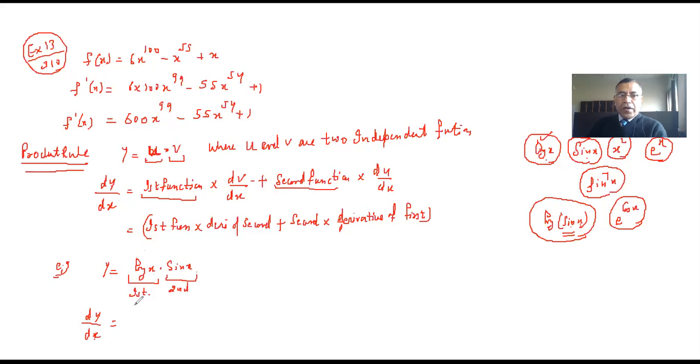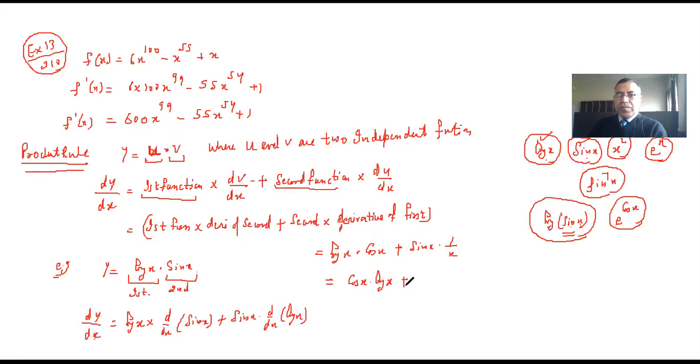So, say log x, first function as it is, derivative of second function, plus second function as it is, derivative of first function, which is equal to log x into derivative of sin x, cos x, plus sin x as it is, derivative of log x, 1 by x. So this is cos x log x plus sin x upon x. This is dy by dx.